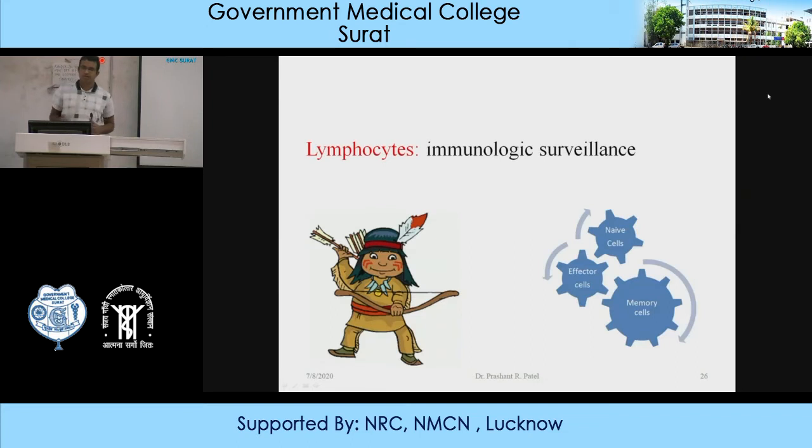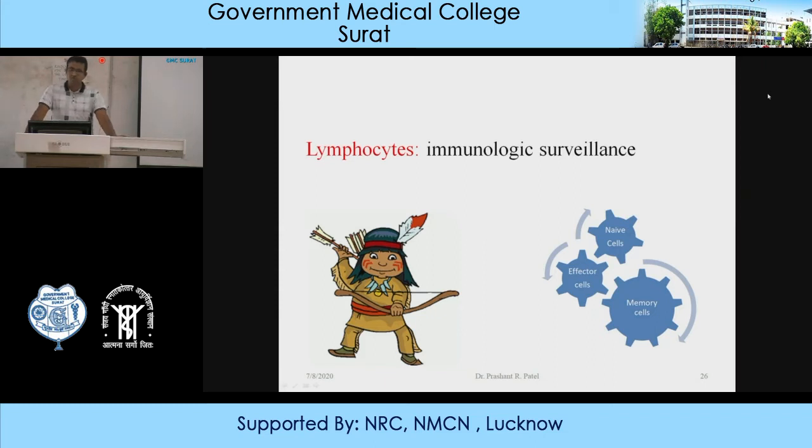Lymphocytes, as we discussed, have a very important role in the adaptive immune system. Based on their immunologic stimulus, they are divided into three types of cells: naive cells, effector cells, and memory cells. Naive cells are those cells that have not encountered any antigen, so they are in a normal resting phase.